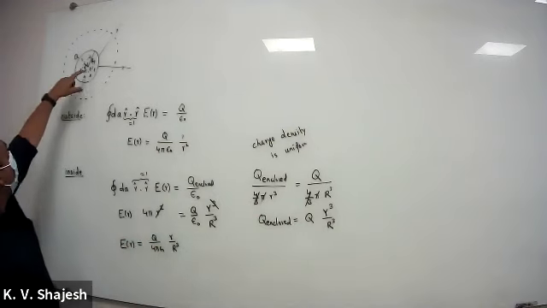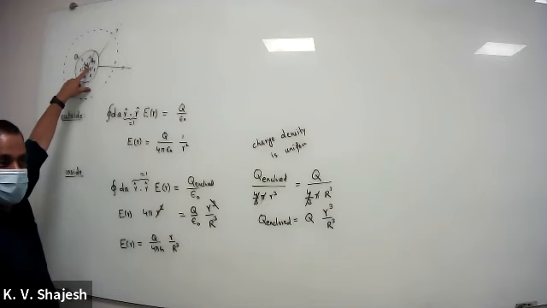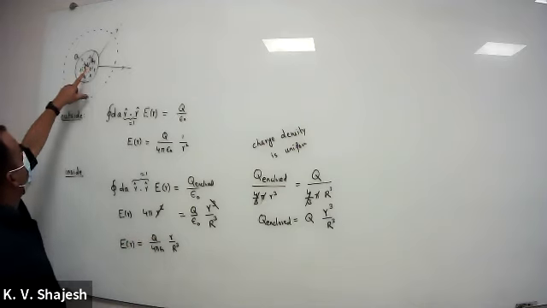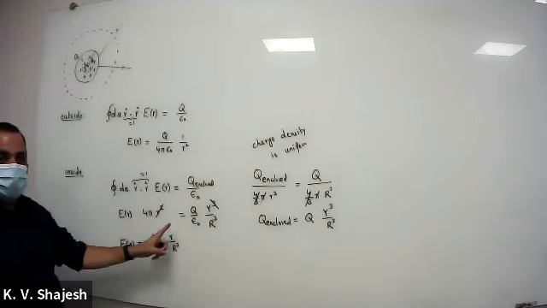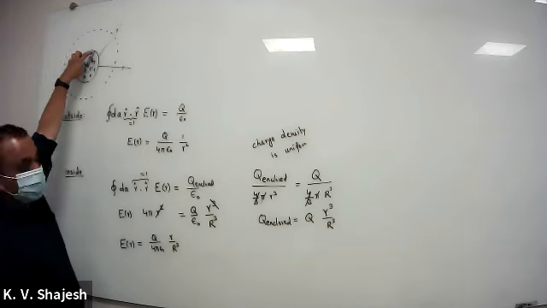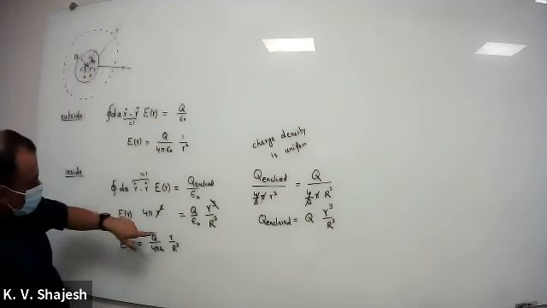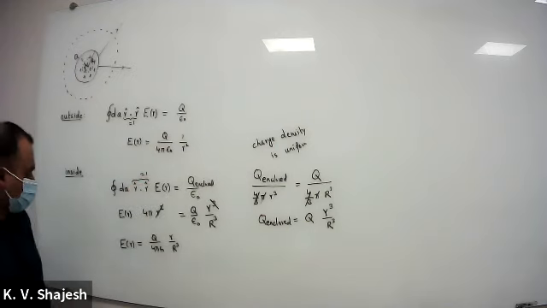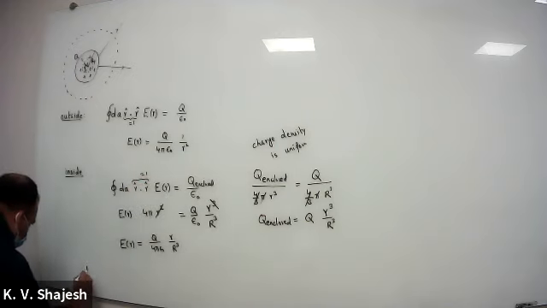Especially if I'm right at the center, what is the electric field? 0, because r is 0. But as I go out, this starts increasing. Until I reach the radius R, it keeps increasing, and from that point on, it starts decreasing. That's your electric field. So let me write that down clearly.